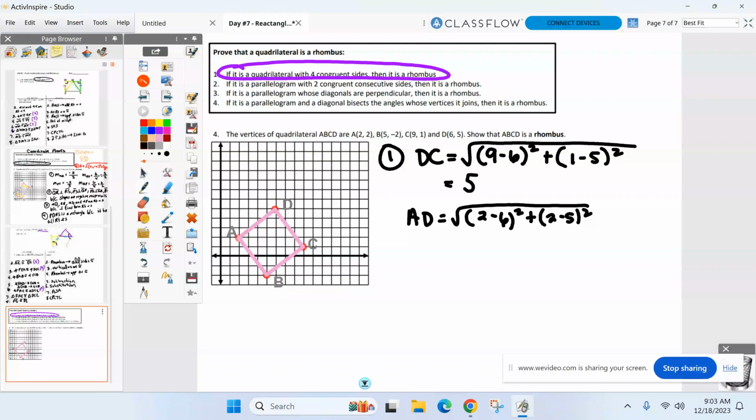If it doesn't, we did something wrong. Because all these sides should come out to be the same. And you guys are finding out it is 5 again? Yep. So I will let you go and find the rest of the 2 sides, and then we'll write this proof together at the end to finish it up.